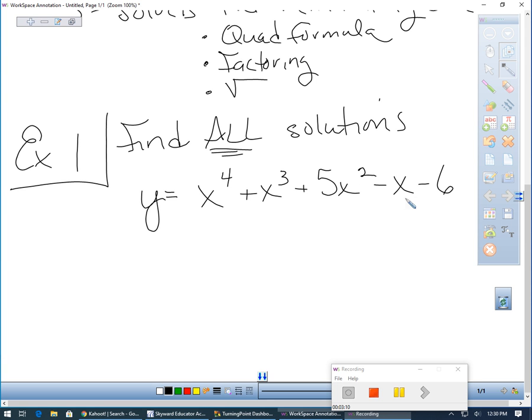Okay. All right. So here's our polynomial. How many zeros do we have to find to begin with? We got to find 2, right? Because there's a total of 4, but we got to find 2 zeros to get this down to a quadratic.